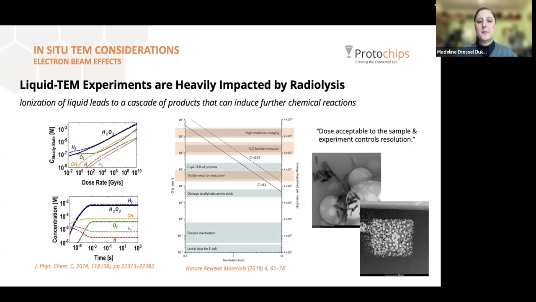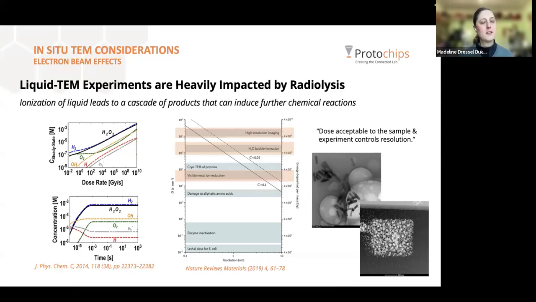And then the other thing that's really important is that at doses below bubble formation, you can get metal ion reduction. So if you have a solution that has metal ions in it, you can reduce those and you can essentially grow nanoparticles. In this case, you can tell by the square here that this was done in scanning TEM mode, so in STEM. This is, I believe, just a solution of gold chloride and water.